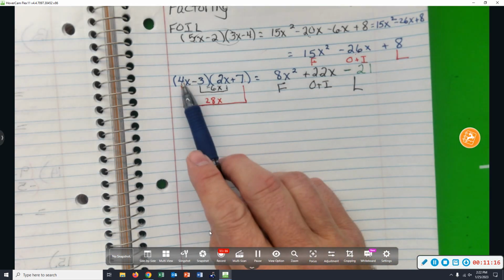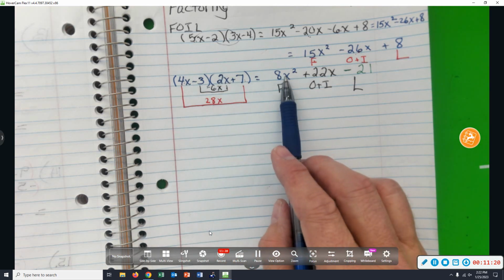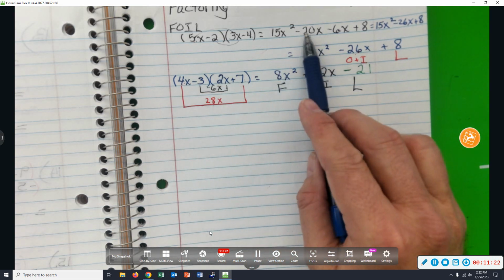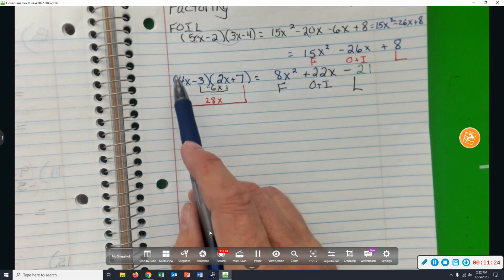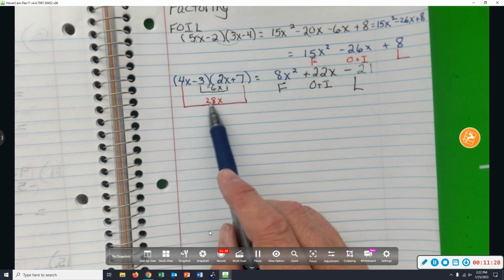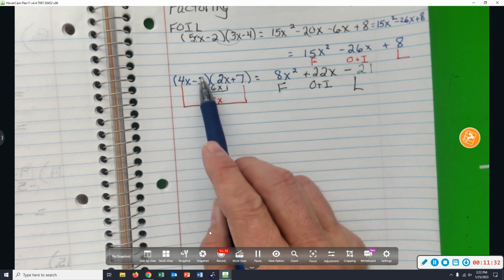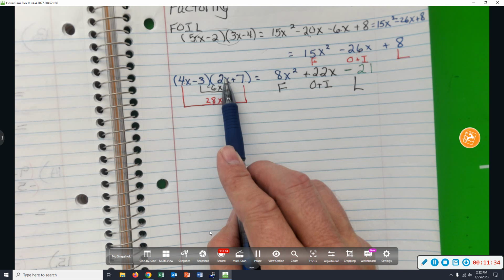And then what is the other one, the 4x minus 3 and the 2x? Okay, I'm still foiling. The first, 4x times 2x, 8x squared. Instead of writing it out horizontally, I'm making the little marks. Outer and inner.